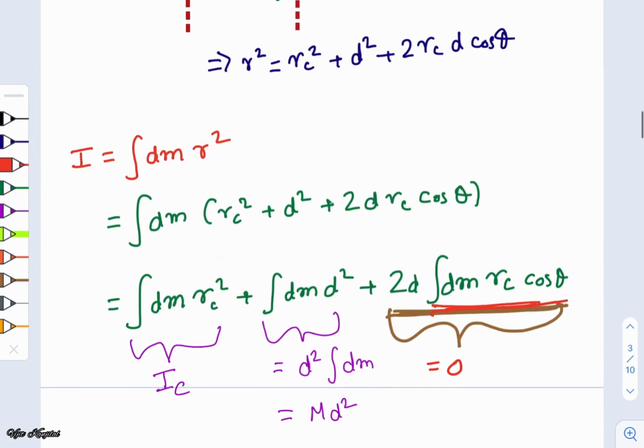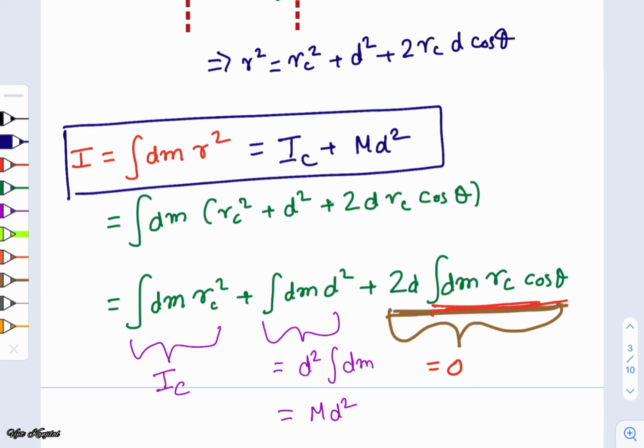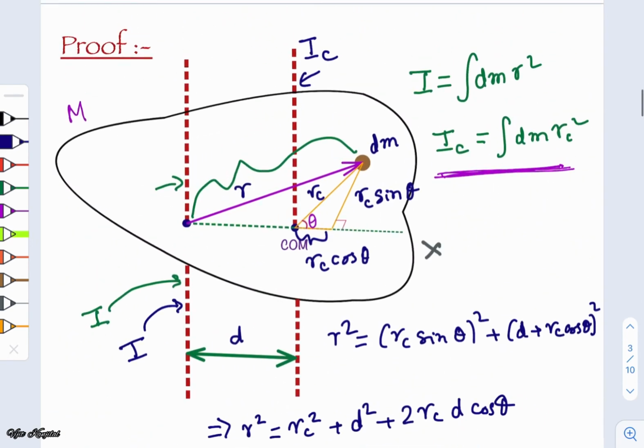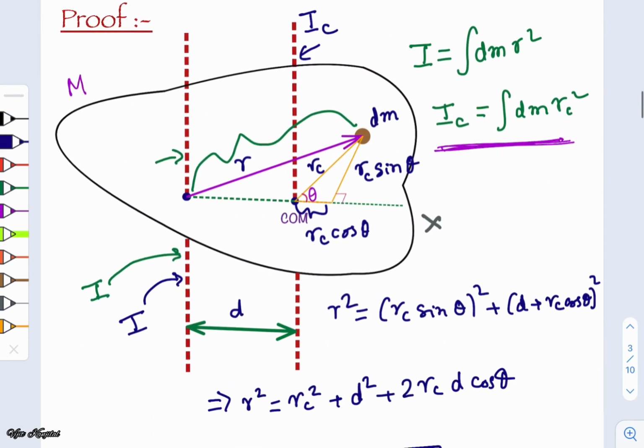We get I, which is nothing but the integral of dm r square, reducing to IC plus md square. So, that is how we prove the parallel axis theorem. So, let me write this theorem once more. That is, I is equal to IC plus md square.